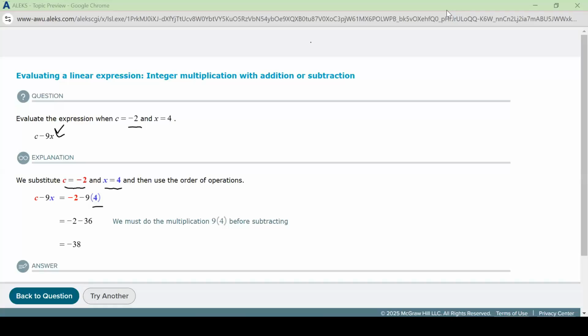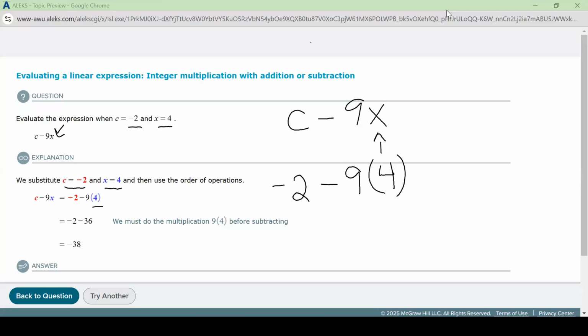So sometimes it helps to write the expression and then write what it's equal to directly underneath it with a little arrow. And then that way you keep your sign and then you write your C equals -2 in front.